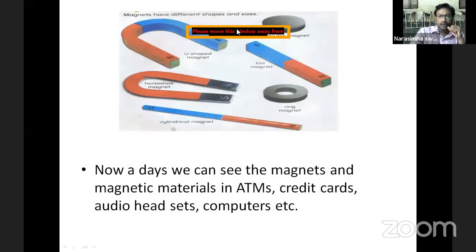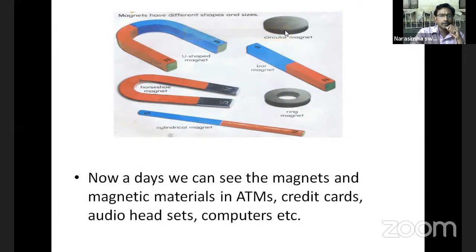Now these are different shapes of magnets. You can see different shapes here: U-shaped magnet, circular magnet, bar magnet, horseshoe magnet, cylindrical magnet, and ring magnet.